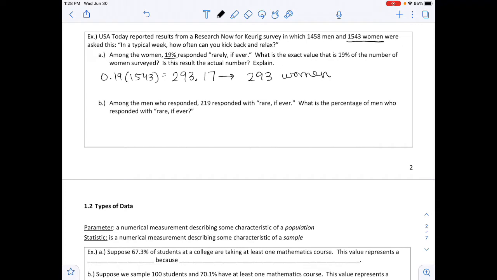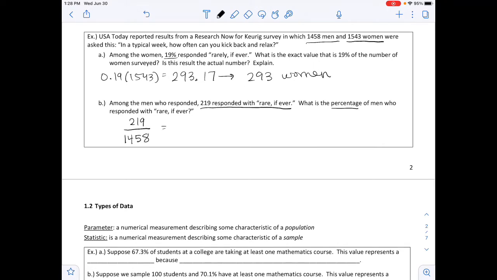Part B says among the men who responded, 219 responded rarely, if ever. What is the percentage of men who responded rarely, if ever? The number of men surveyed was 1,458, so 219 out of 1,458.